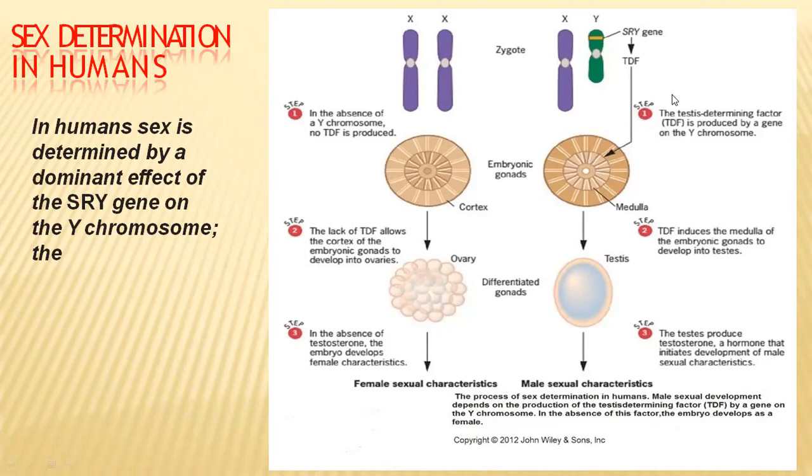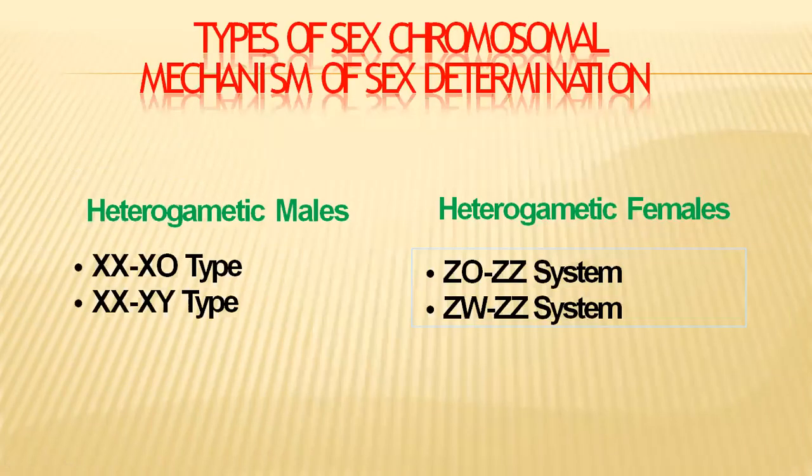What is important? Having the TDF factor, and the TDF factor is controlled by the SRY gene. So the SRY gene is very, very important for male gonad formation. In this genetic type, genes and chromosomes are very, very important to determine the sex of the individual.